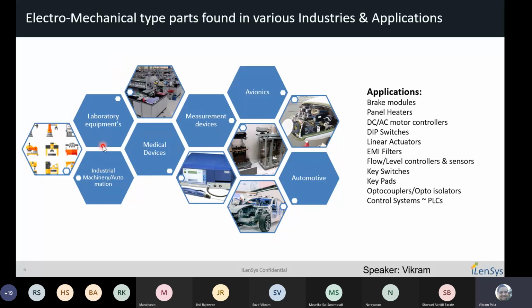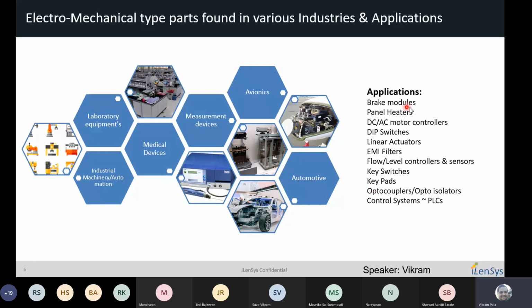They use electromechanical components mainly in laboratory equipment, industrial machinery, medical devices, measurement devices, avionics, aerospace, automotive, and also defense and military applications. You'll see a wide range, and it has significant application. So these are the typical applications that use electromechanical parts.